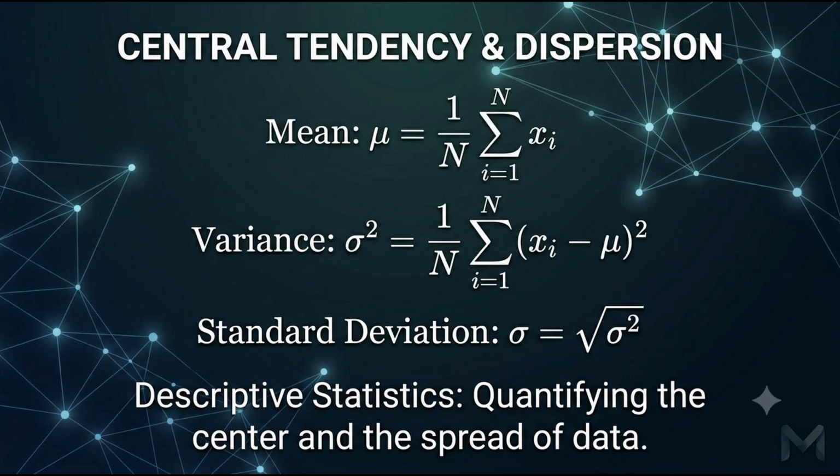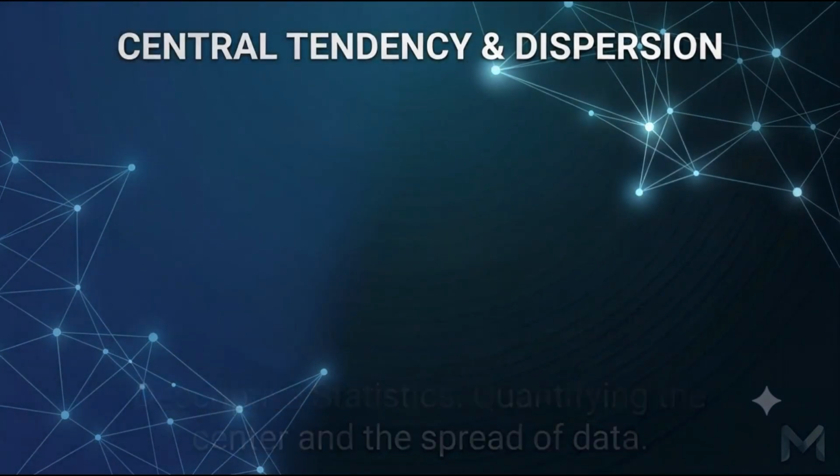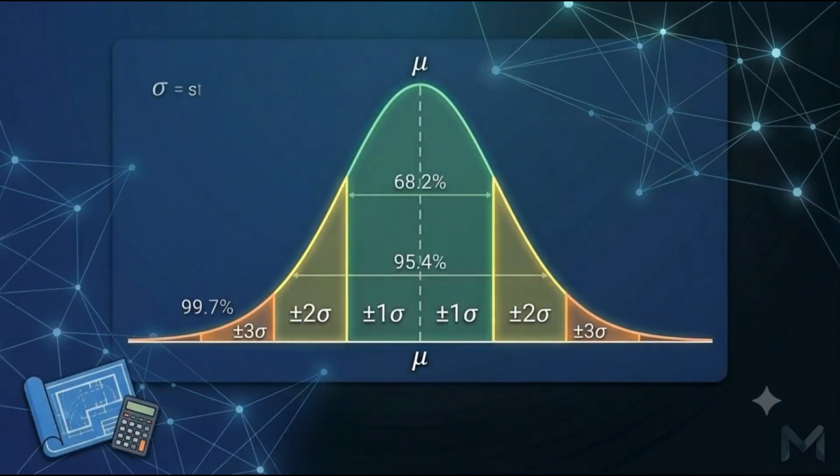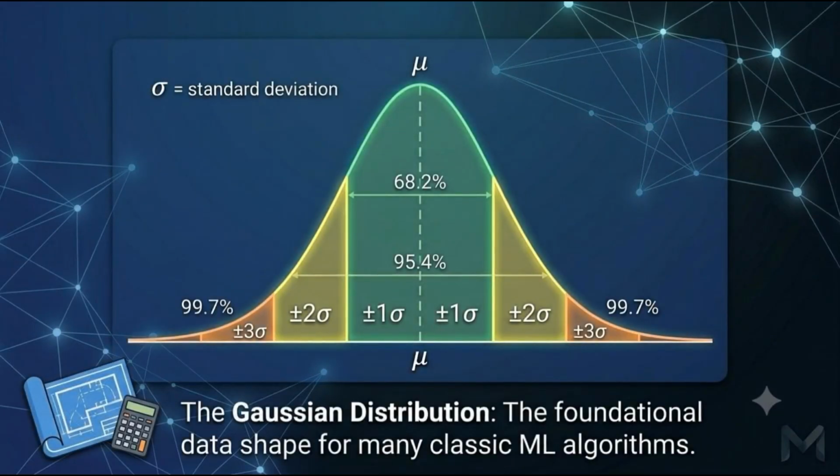Before a model can learn, we have to look at the shape of our data. We look at central tendency, which tells us where the middle of our data lies. We look at percentiles to see how the data is distributed across different thresholds. Most importantly, we look at variance and standard deviation, which measure how spread out or scattered our data points are from that middle point.